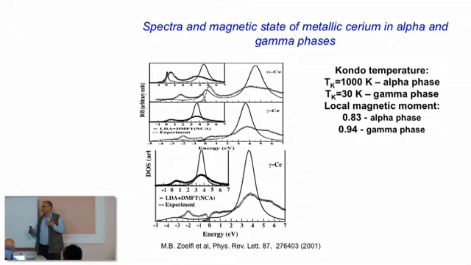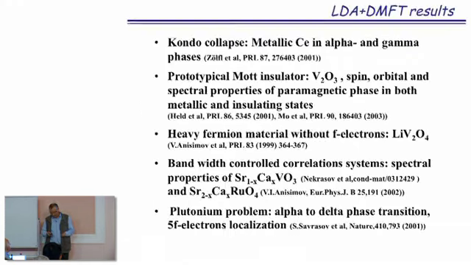Just the spectral weight transfer is such that for the alpha phase, we have a strong quasi-particle band, which leads to a strong Kondo temperature, and all magnetic moments are screened. You don't see them. While in the gamma phase, the quasi-particle band is weak, and you have practically unscreened local moments. So you cannot say that in the alpha phase it's completely delocalized. No, we have very strong Hubbard bands. But experimentally, you don't see local moments.